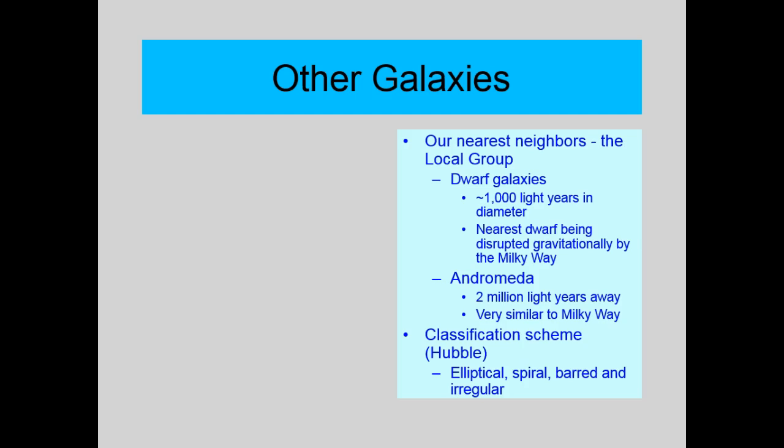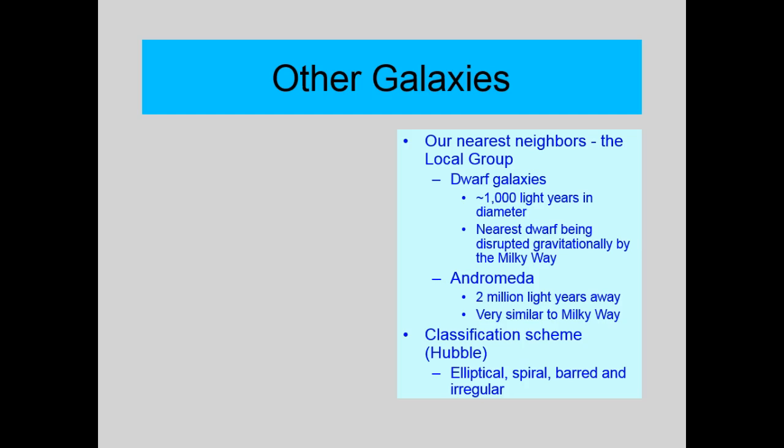But beyond that, now remember we're 100,000 light years across, okay? 2 million light years away from us, which is another 20 times that, somewhere way out there is the Andromeda Galaxy, okay? 2 million light years away from us.